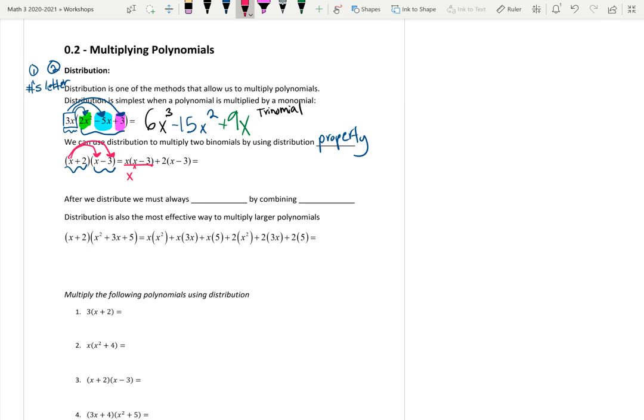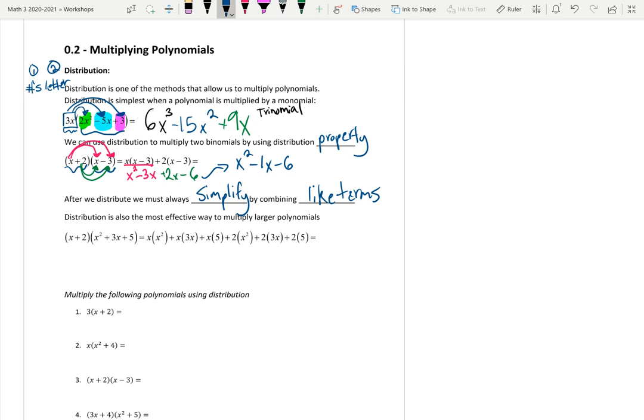It would become x squared minus 3x. Next up, I have to multiply the 2 to both the 3 and the negative x. Likewise, it's going to be 2x, which is positive, minus 6. All I need to do is simplify and combine like terms. And we're going to get x squared minus 1x minus 6.